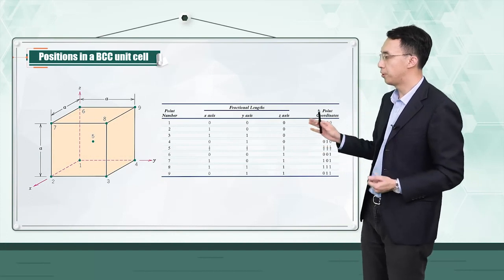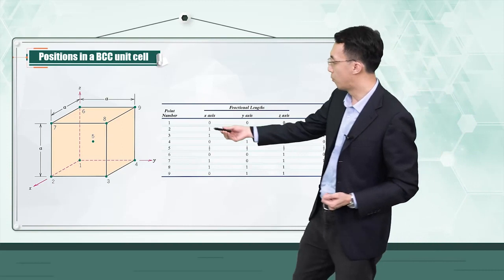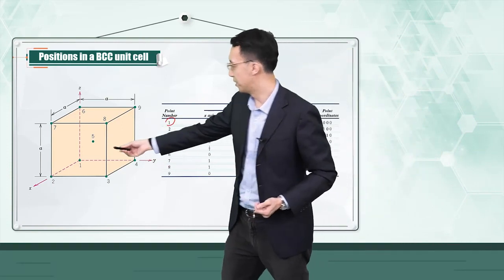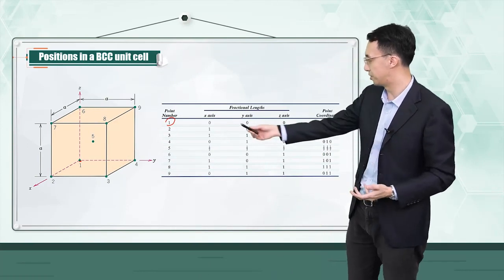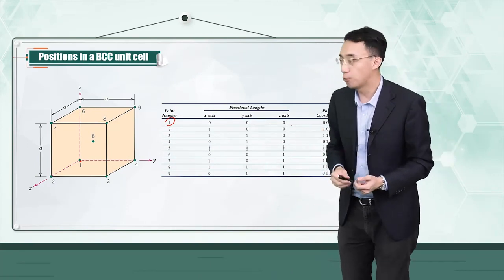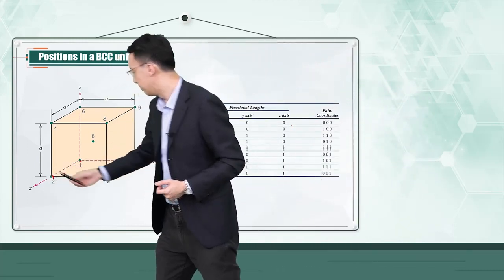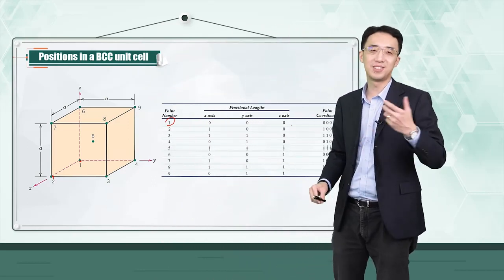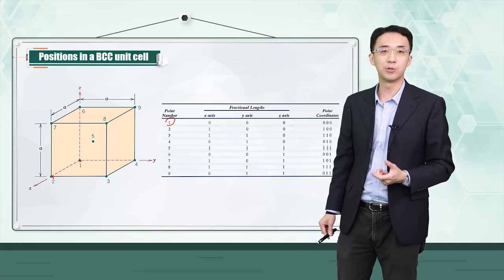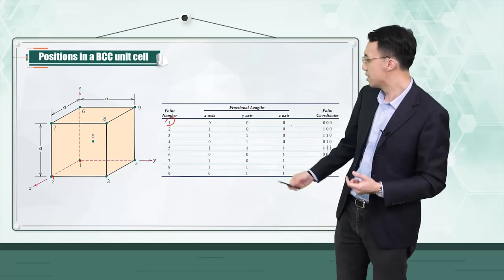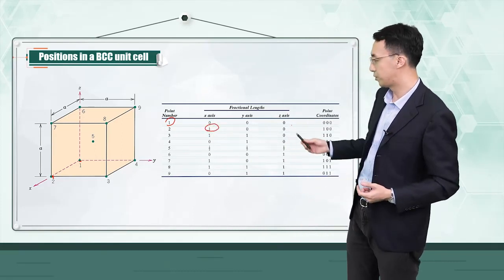This is a very quick practice. For example, if you want to know the position of your number 1 point, which is essentially your origin, the indices are 0, 0, 0. If you want to know your number 2 point, you can easily tell that it is on the x-axis and its length is identical to the edge length of your unit cell, so the index of this position is 1, 0, 0.